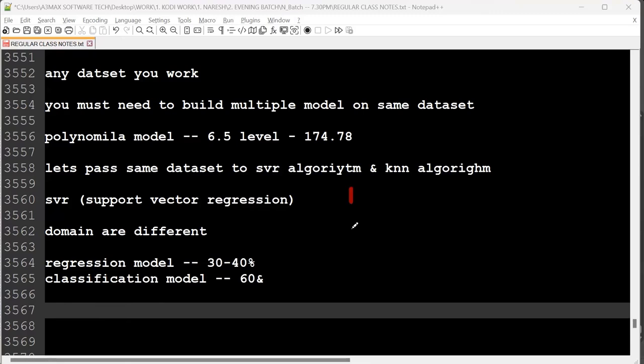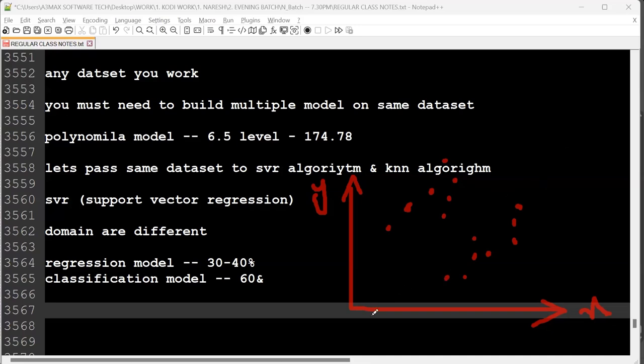Have a look at this and try to understand. Let's assume I have a graph, x-axis and y-axis. Clear? Assume I have some data points over here, and over here some data points. The data points are scattered.